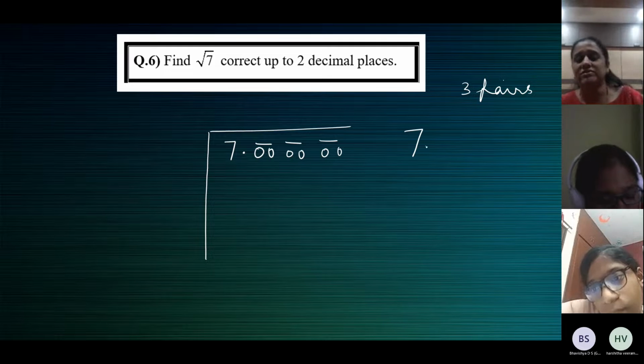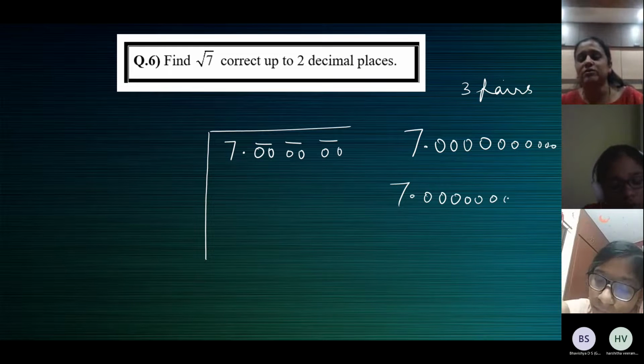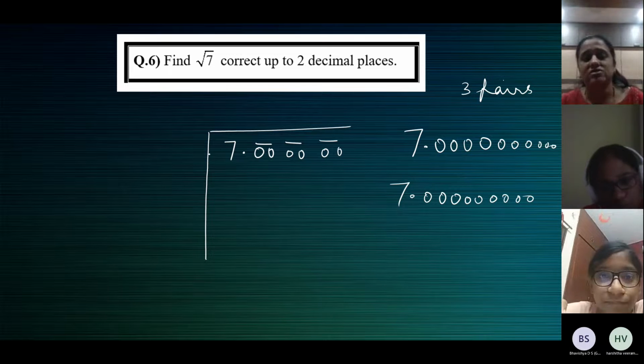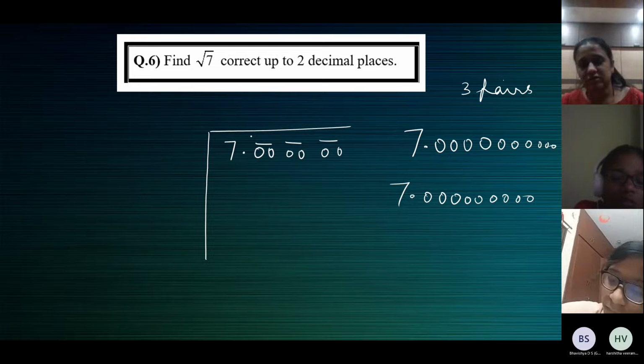What is 7? 7 is 7.000000. You can add as many zeros as you want. 7 means 7.000, any number of zeros you can add. So how many zeros do you add here? Since we have to find the square root of 7 up to 2 decimal places, 2 plus 1, 3.